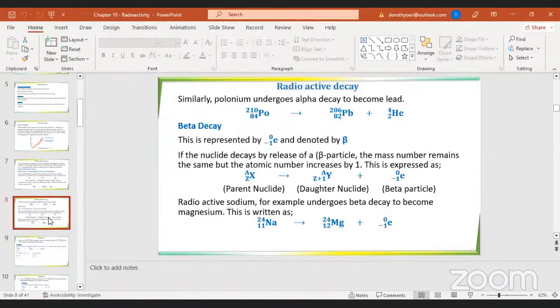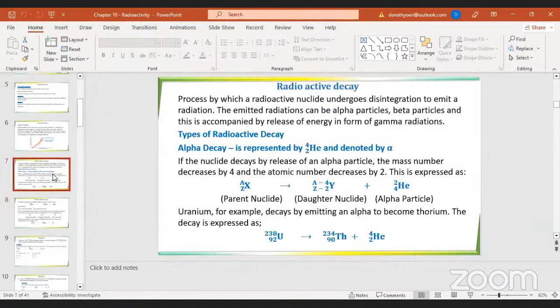Before I move on, for gamma, I'm seeing Griffin Mugambi. Yes, Griffin Mugambi. So in the previous slide, in the example that you're showing, for the parent nuclide, I can see the alpha, the mass number is 2 and the atomic number is 4. Is it correct or is there a mistake?